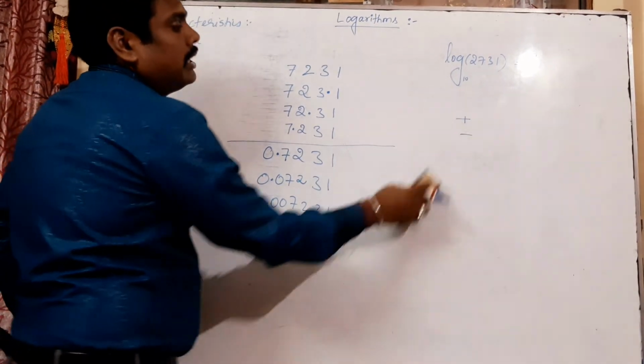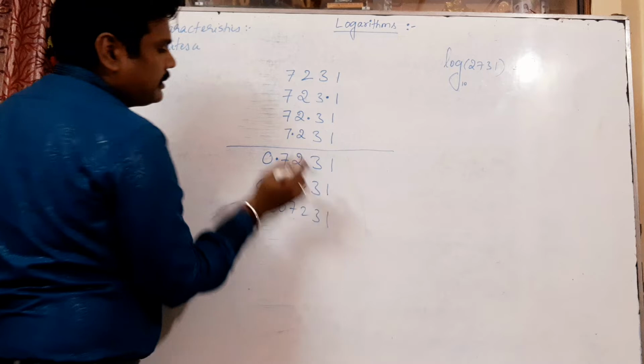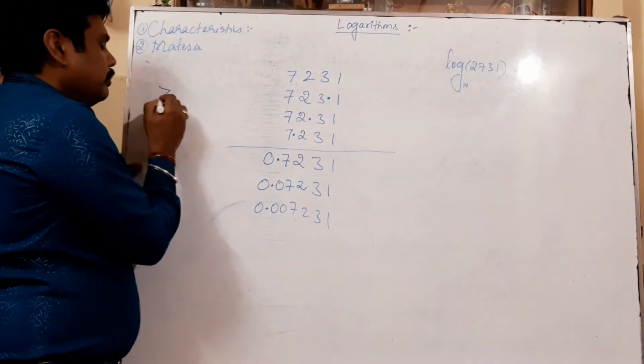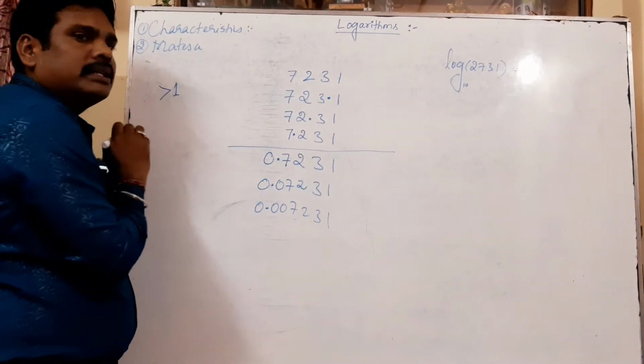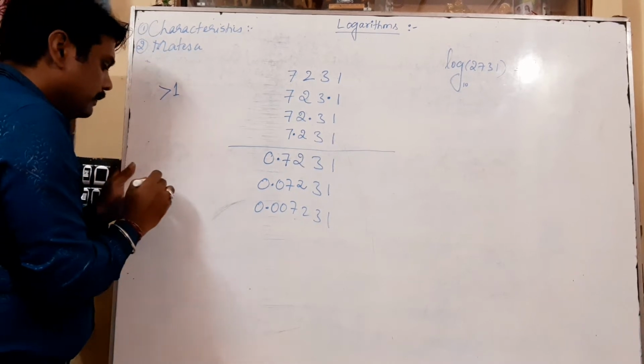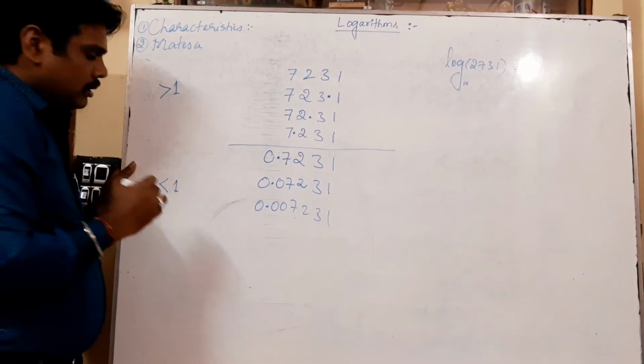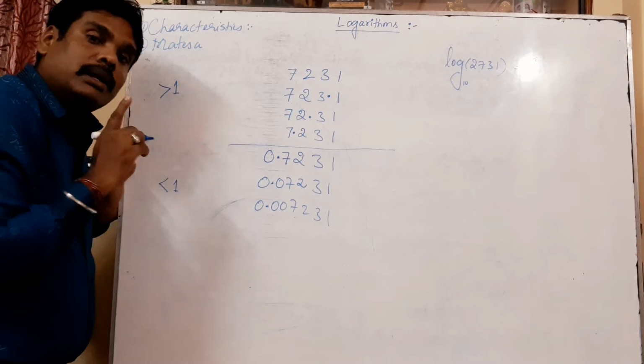In logarithmic language, a positive number means the number is greater than 1. If the number is less than 1, such a number is said to be a negative number in logarithmic language.